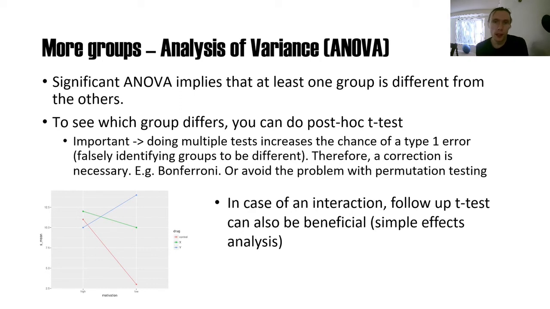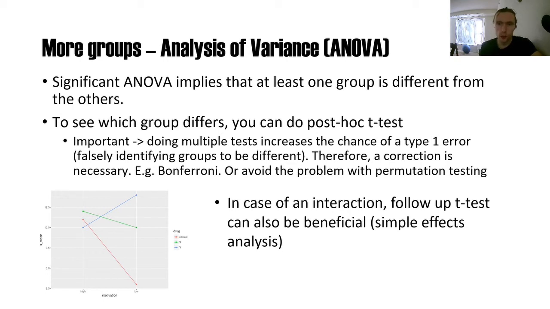Now, one thing that you have to be careful about is that, as I said before, we determine that something is significant if the chances of this being the case just randomly are smaller than 5%, right? That's what this p-value of smaller than 0.05 meant.